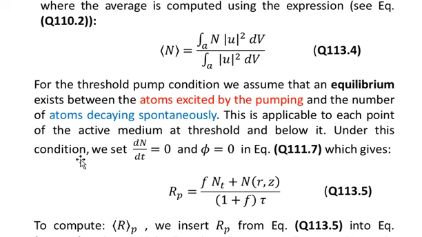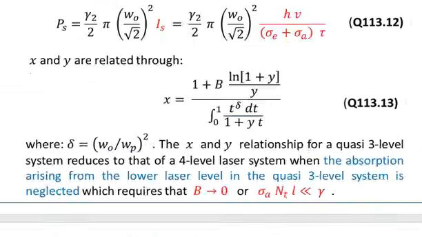Under the condition that we set dn/dt equal to 0 and φ equal to 0 in equation number 111.7, this gives us the pump rate equal to (f times (nt + n(r,z))) divided by (1 + fτ). I have given equation number 107 in the appendix, so let me show you that equation there.